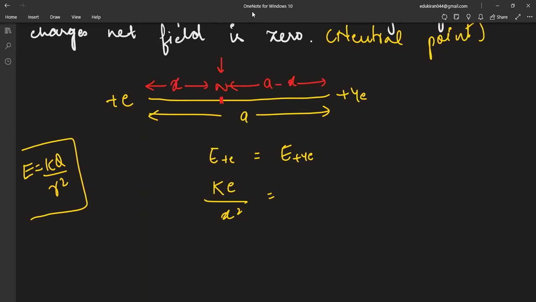Next, Deborah, please try for this plus 4E at the neutral point. How will we start? K we will have. What about the charge next? 4E.